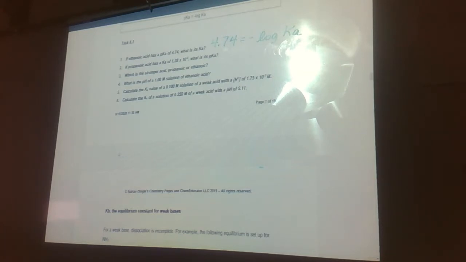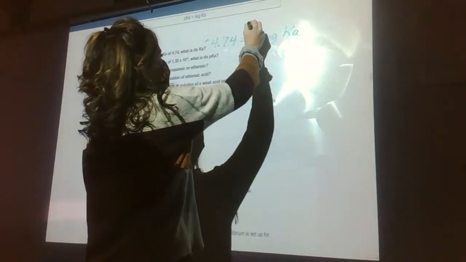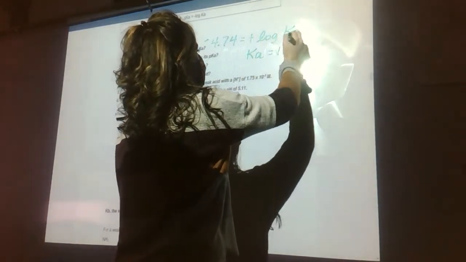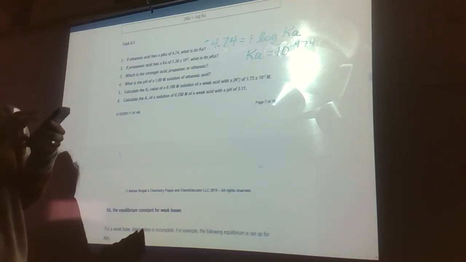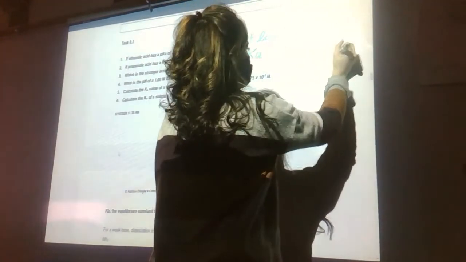On this calculator, it is above the log. So if I wanted to do this, I would get rid of the negative, and then Ka equals 10 to the negative 4.74. And I would get 1.81 times 10 to the negative fifth.